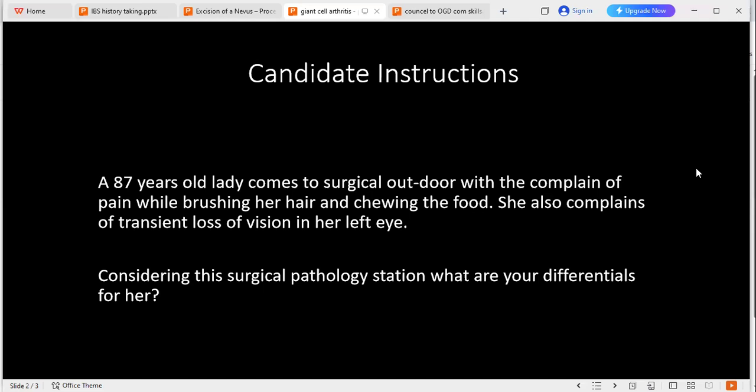Corticosteroids can cause osteoporosis, which can lead to pathological fractures of the neck of femur or vertebral fractures, especially in a postmenopausal female like her, 87 years old. Yes, it is more common in postmenopausal women.